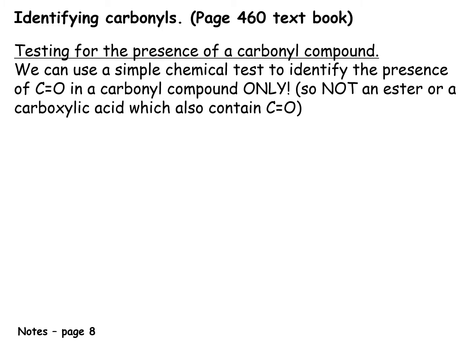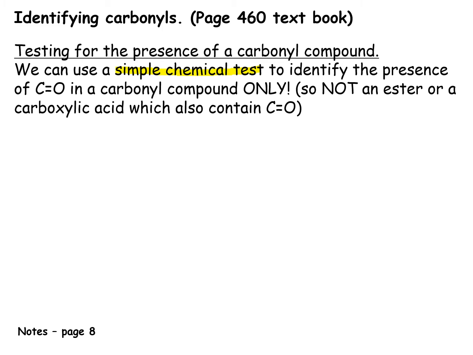Okay, so testing for the presence of a carbonyl compound, we can use a simple chemical test. So just highlight simple chemical test. What we mean by that is it's something that we can do in the lab using test tube reactions, for example.